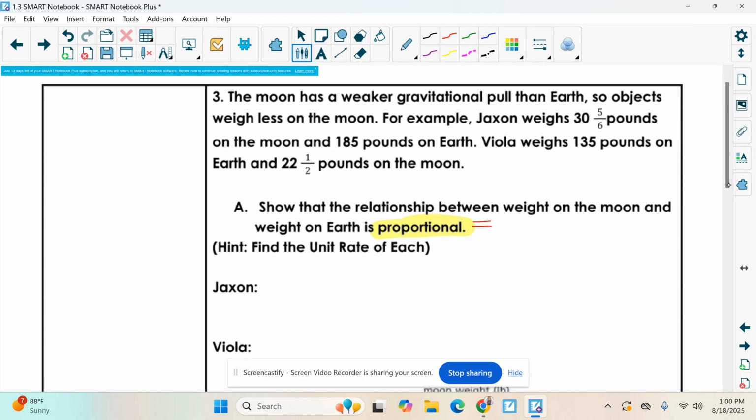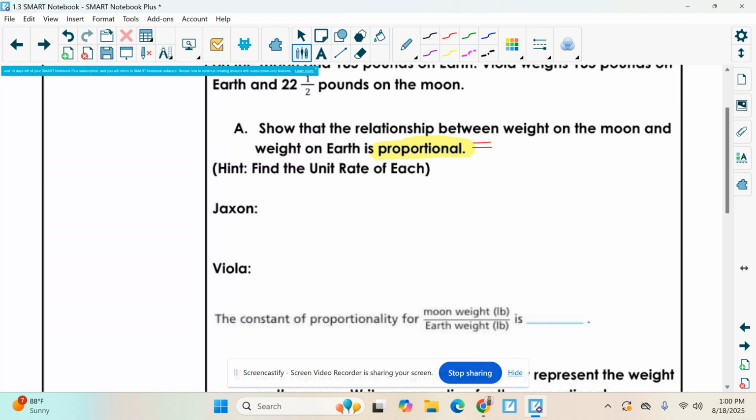We've been testing this out. That's what we did last week. We've been finding their unit rates, their constant rates. Are they the same? Are they not? How did we do that? How did we figure it out?